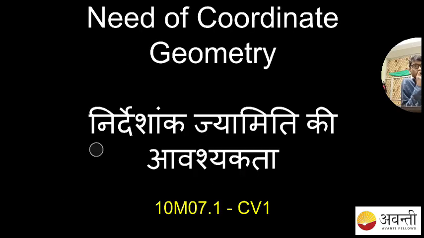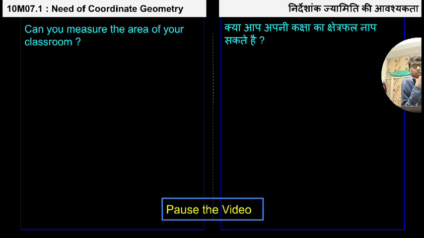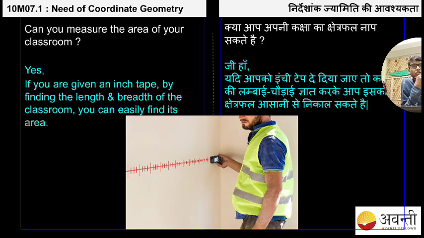Distance formula, need of coordinate geometry. Can you measure the area of your classroom? Area, not length. If you are given an inch tape, by finding the length and breadth of the classroom, you can easily find its area.